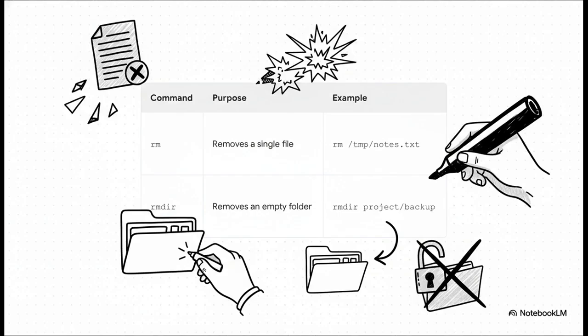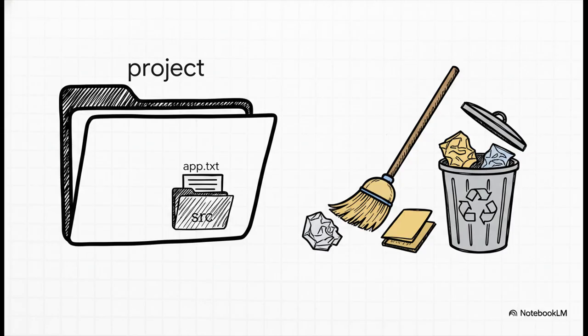Then we have rmdir, which is for remove directory, and it has a nice little safety feature. It will only delete a folder if it's completely empty. So after we run rm on our temporary notes file and rmdir on our now empty backup folder, this is what we're left with. A clean, focused project with just the essential app.txt file. It's lean and it's ready for whatever comes next.